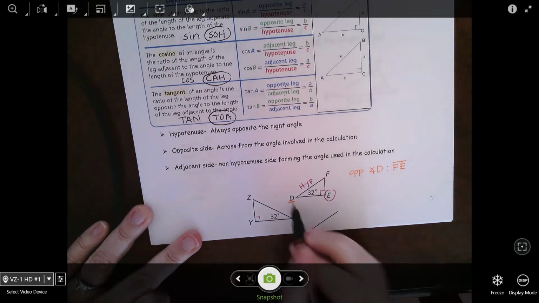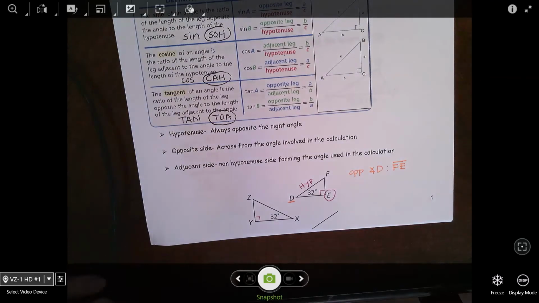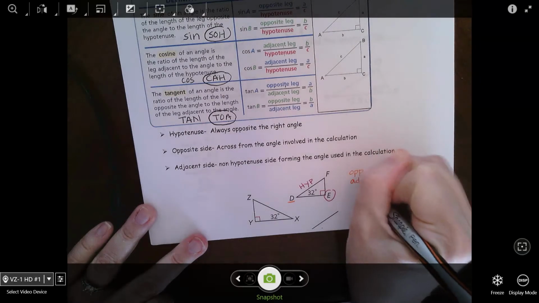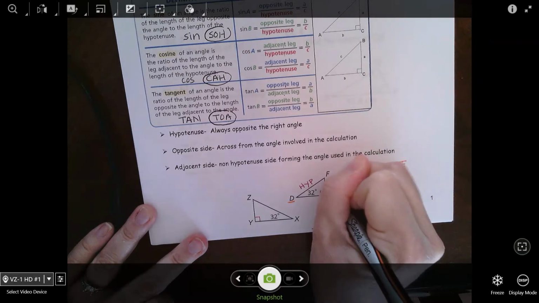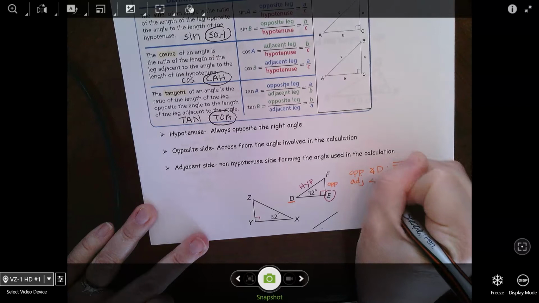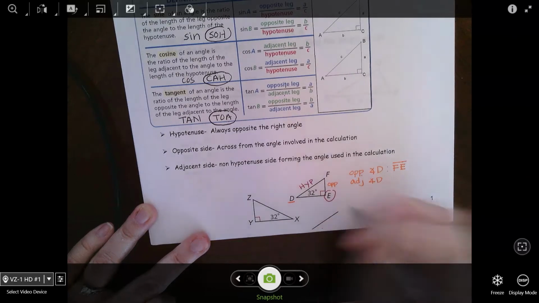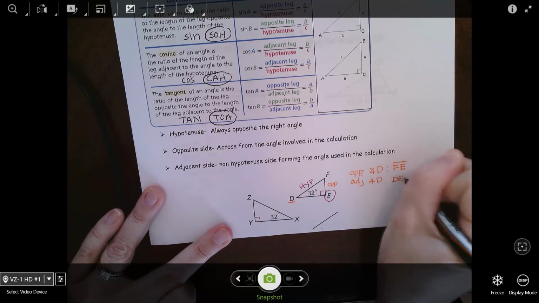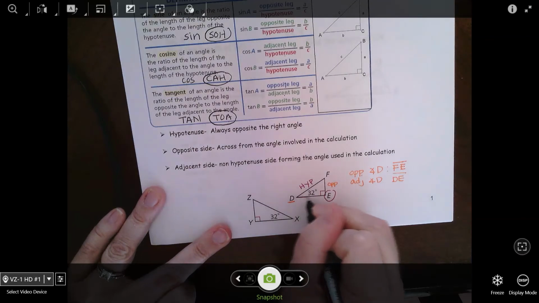Then adjacent to angle D, well, we know this one's opposite for angle D, so the one adjacent to angle D is the one left over, and that's going to be DE. You can see right here how that one kind of touches it.